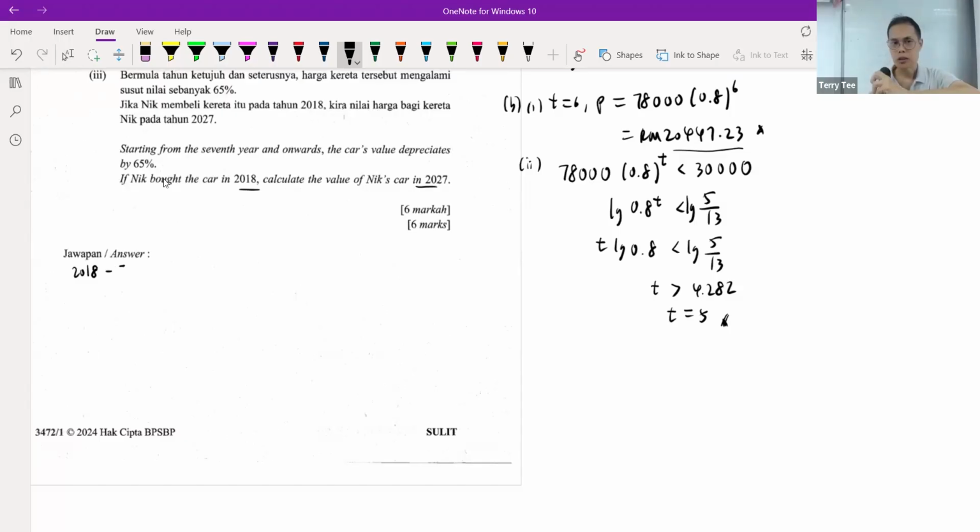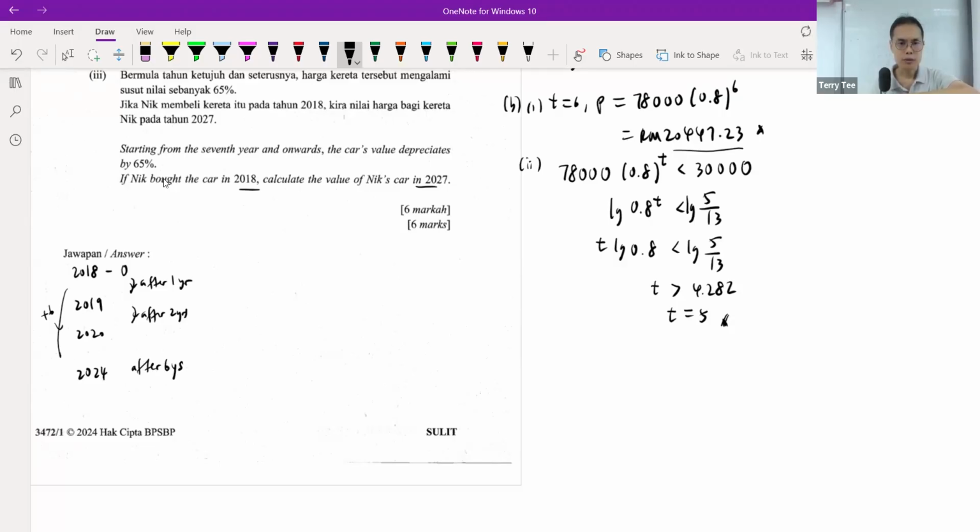After 1 year is 2019, after 2 years it'll be 2020. After 6 years, you plus 6, you should get 2024.